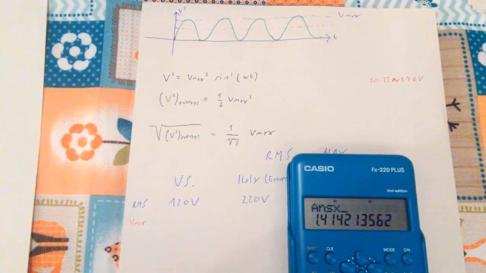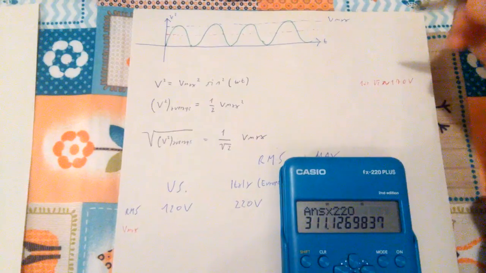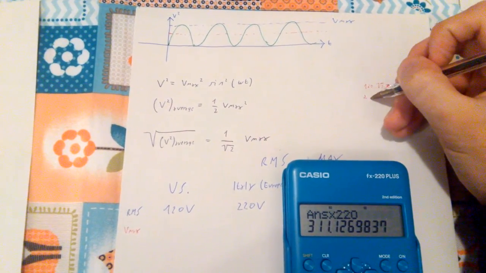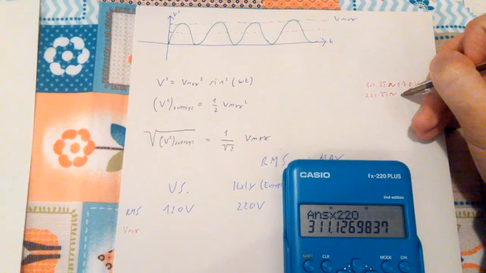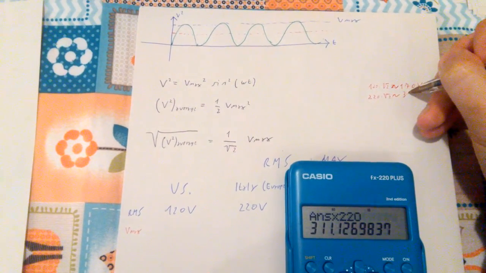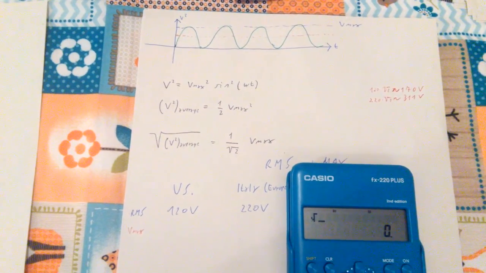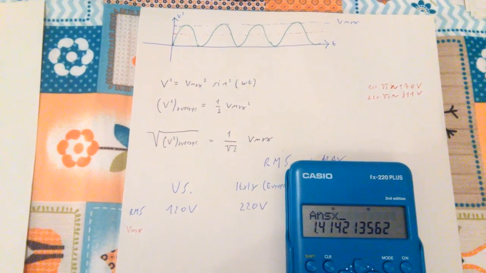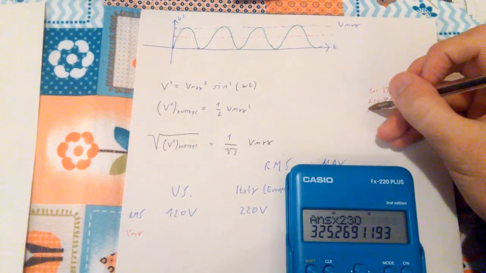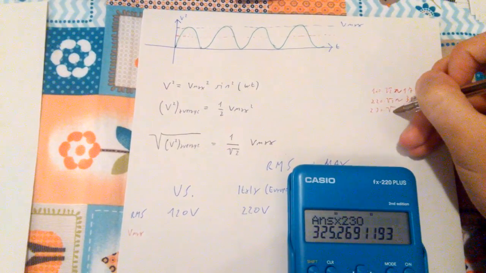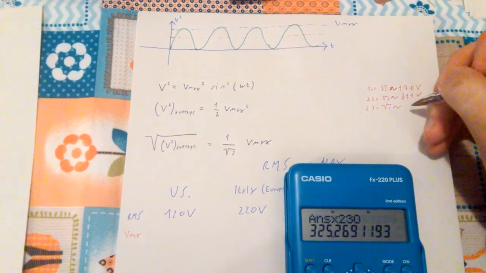If I do the same for 220, 220 times the square root of 2, I will get about 311 volt. If I do the same for 230, I'm gonna get 325 volt.